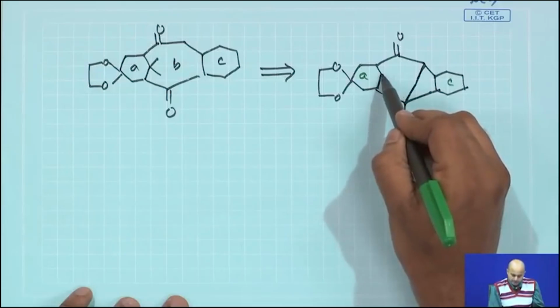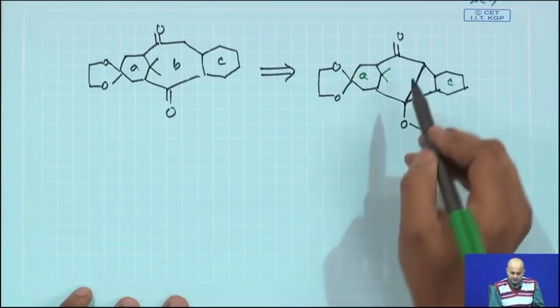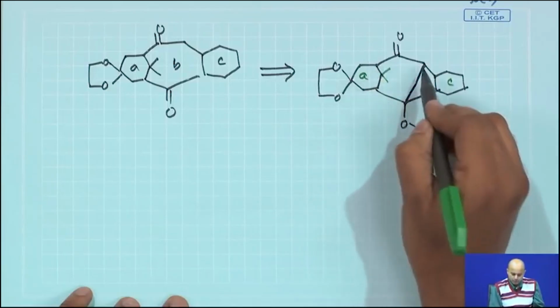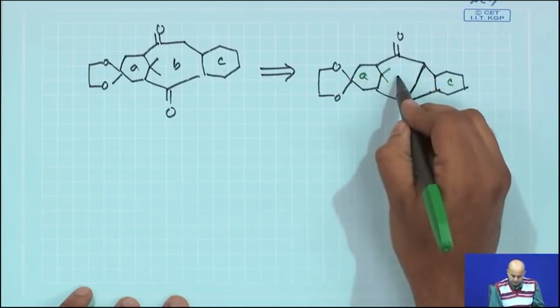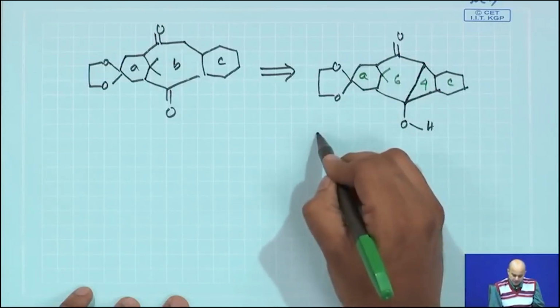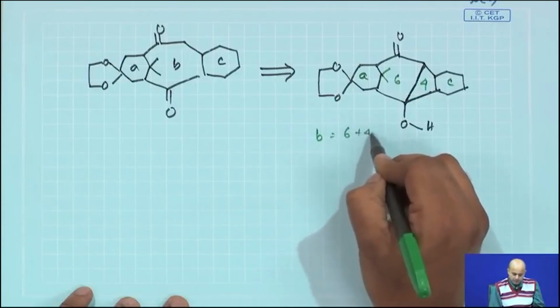Now, the middle ring, which is the 8-member ring, I have disconnected: 1, 2, 3, 4, 5, 6, a 6-member ring and a 4-member ring. So, ring B is made from a 6-member ring and 4-member ring.